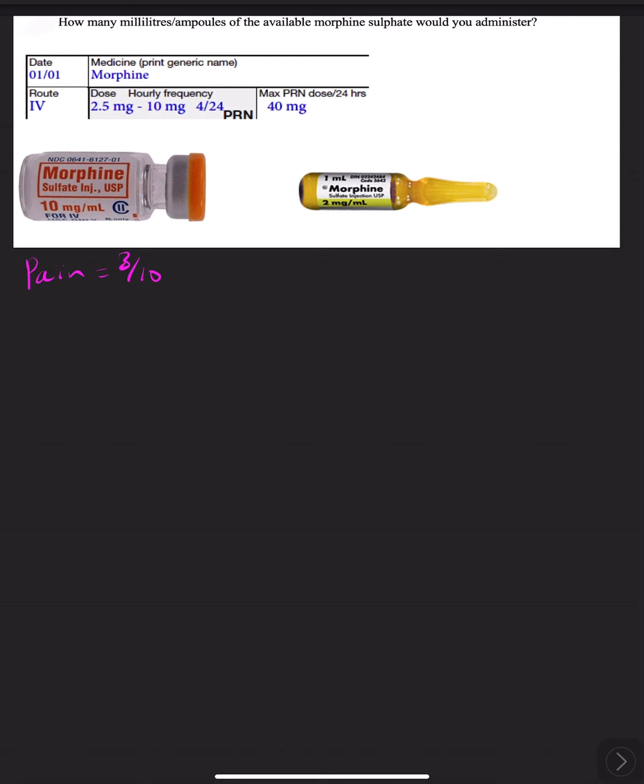So now I'm choosing to give 3 mg, so I'll put here the stock required, which is 3 mg, what you've chosen to give.